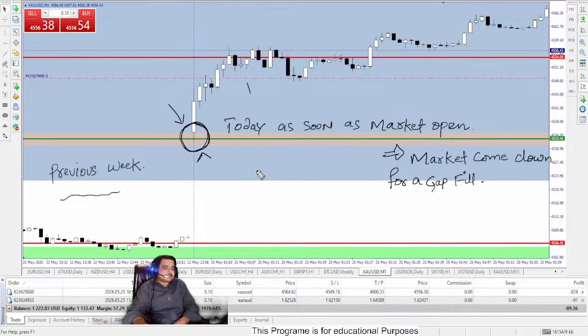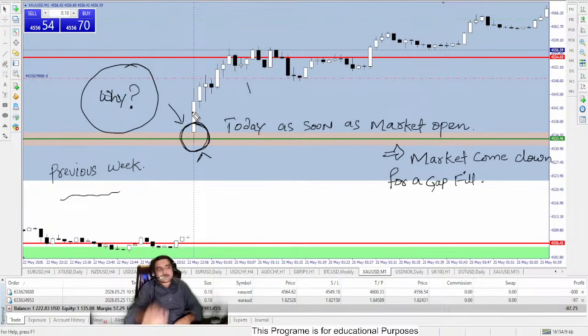This is a very big why. Think about it and make it your habit, okay? Why? After all, there is a concept in the market that the market fills its gap.